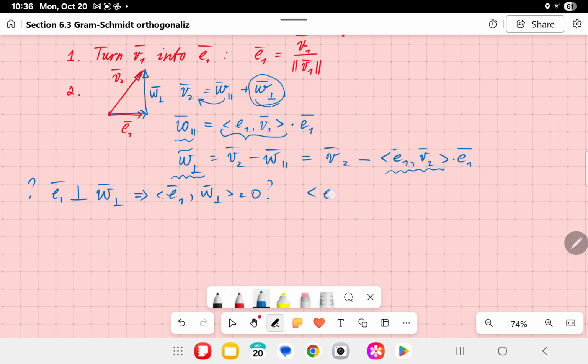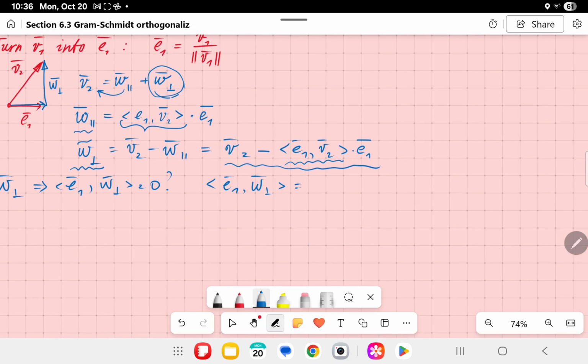I'm going to put e1 with the orthogonal part and just multiply this expression out. On this side, I'm going to have the inner product of e1 and v2, minus the inner product of e1 and v2, multiplied by the inner product of e1 with e1. Why does this happen?